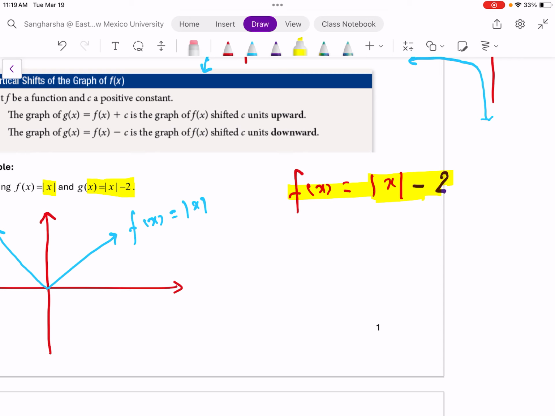You can use a table or a calculator if you have any. And compare the graph for the f of x and g of x. What differences do we find?